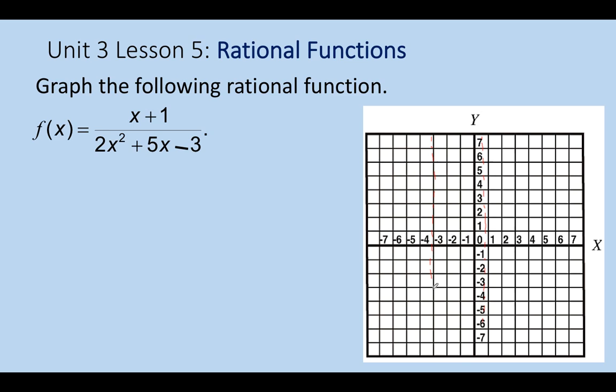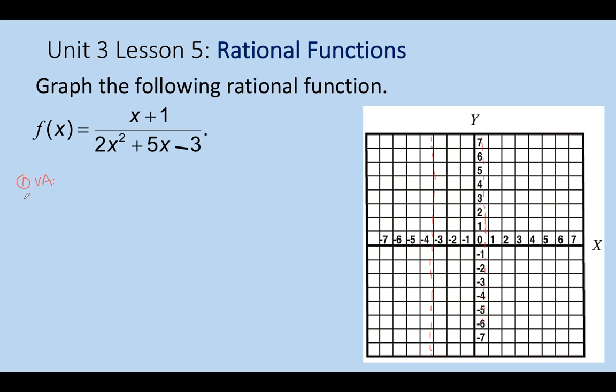So with the two vertical asymptotes, this will most likely be a case where something breaks the horizontal asymptote, because I'm going to have 3 different sections, and so something might break it, kind of like we talked about.